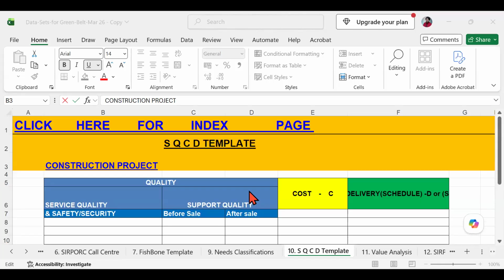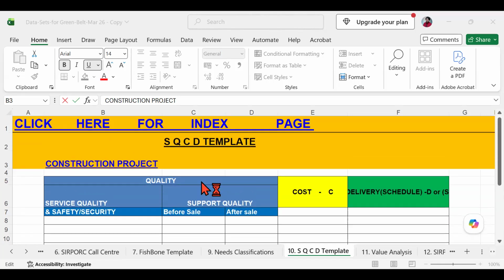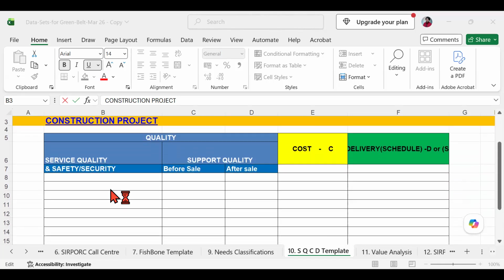You can see my Excel. So this is an example of a construction project.